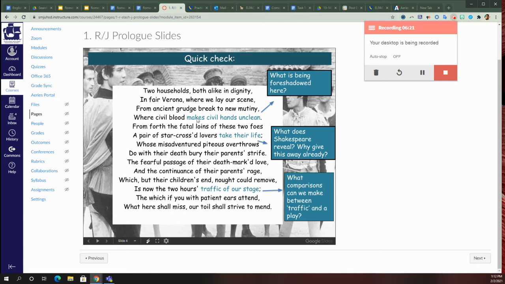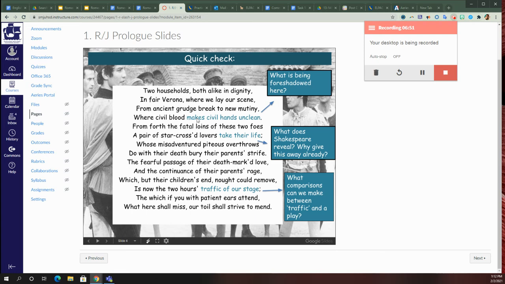Second question is, what is Shakespeare revealing? And why do you think that he's telling us this very important detail from the beginning? So when we were watching the film and when we were first studying the plot of the play and learning a little bit more about Shakespeare, you might not have realized that Romeo and Juliet were going to take their own lives or commit suicide.